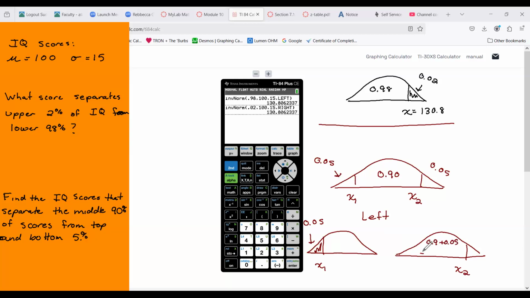So these together, this area is 0.95. And that would be my area that is to the left. So you'd have to figure out those two areas. You go to second vars again, go to number 3. My mean and standard deviation are the same, so I'm not fiddling with that. But I'm going to put in my 0.05.